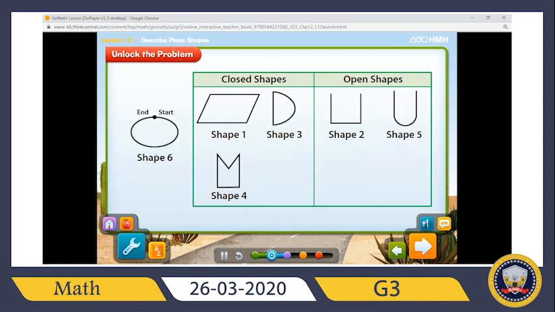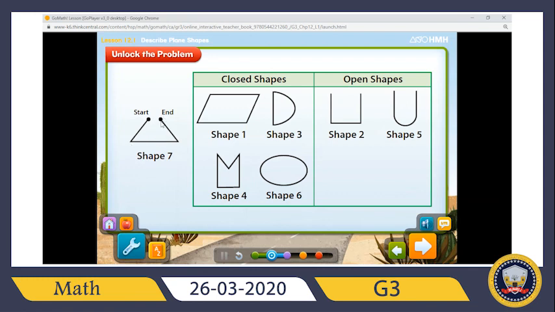What about shape 6? It starts and ends at the same point. So if it is a common point, I know shape 6 is an example of a closed shape. Good job. What about shape 7? The start and end points are different when I track the line segments.